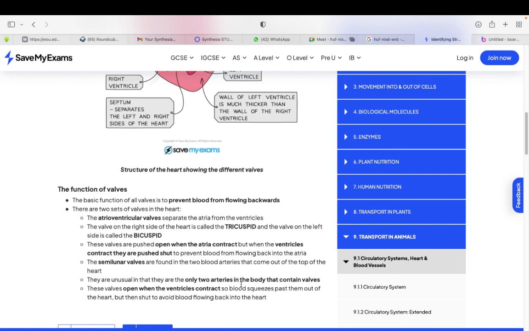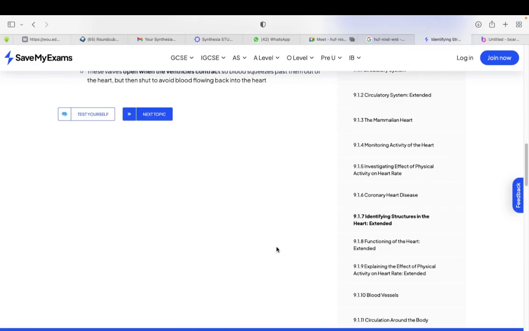These are unusual in that they are the only two arteries in the body that contain valves. The valves open when the ventricle contracts, so the blood squeezes past them to where it's supposed to go. Okay, so that's that for this section.